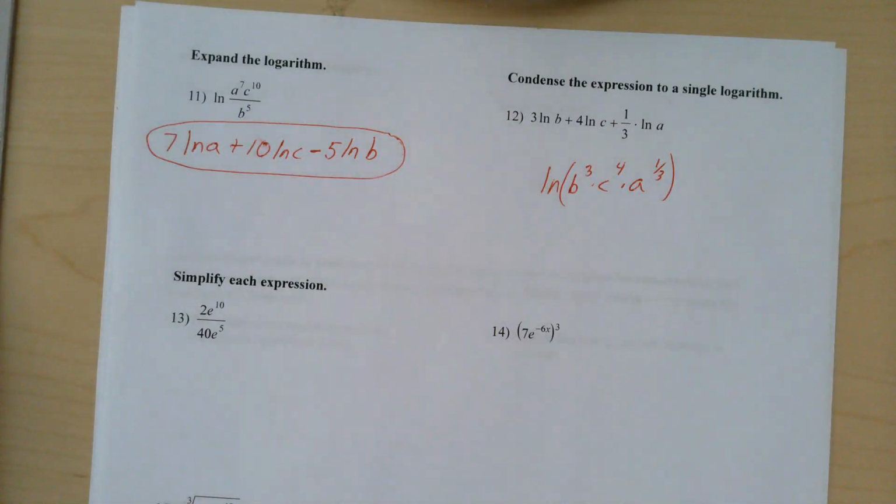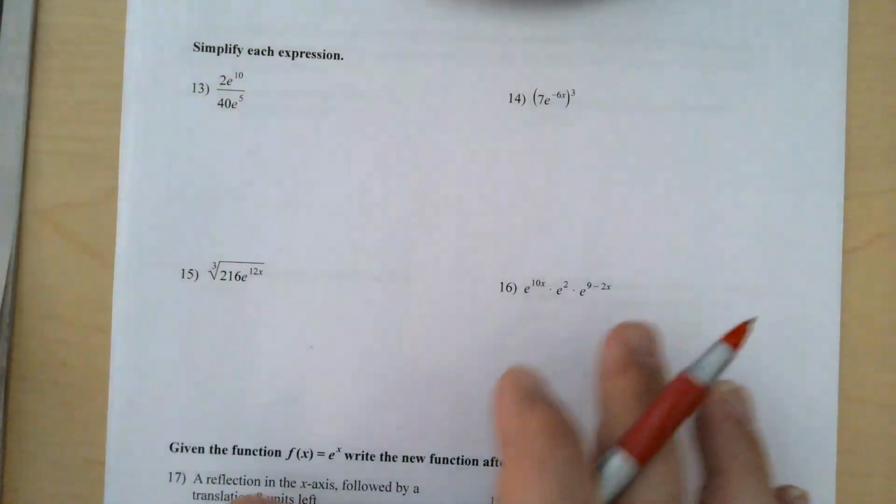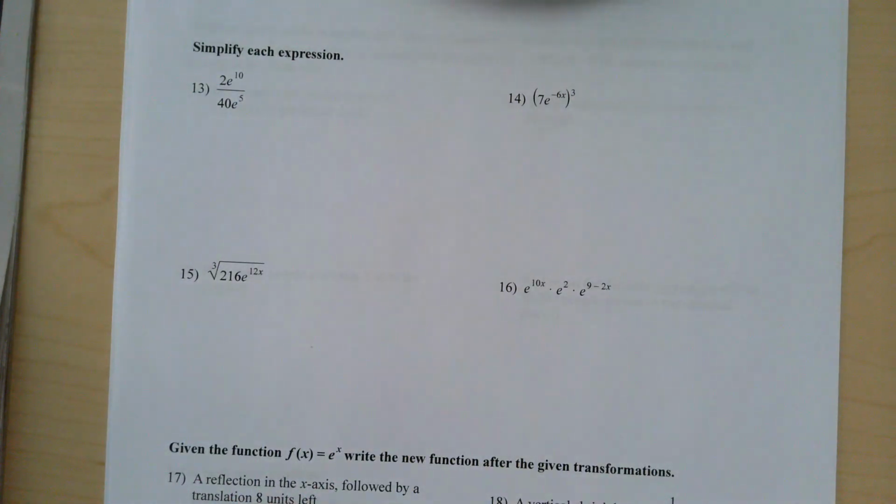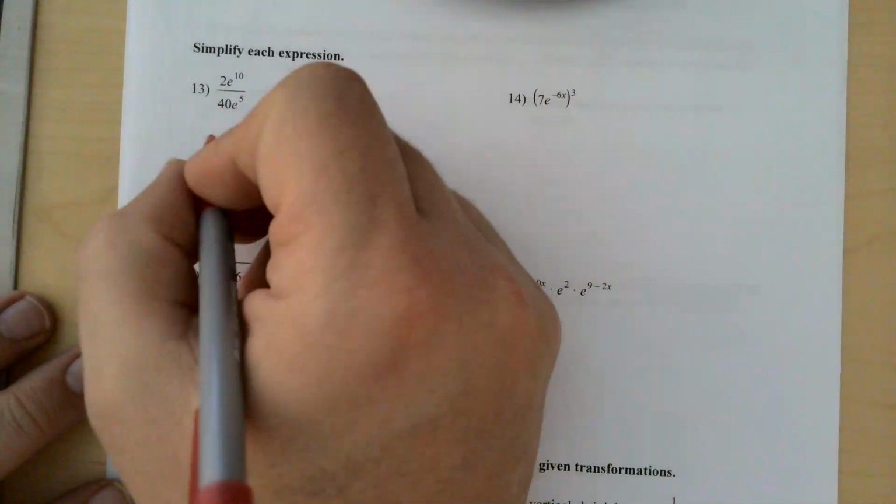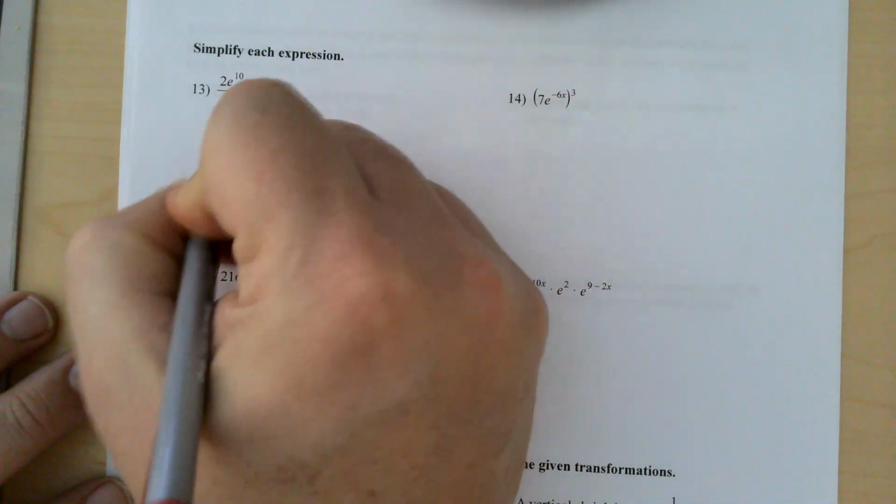So we already quizzed you multiple times on condensing and expanding. And this section, we already had a quiz on this part where you're just applying your rules of exponents with the number e, okay? First thing is reduce your number. A 2 out of 40 is really a 1 out of 20, okay?